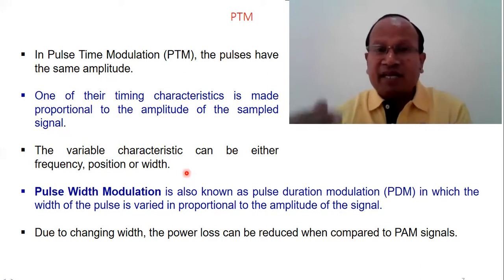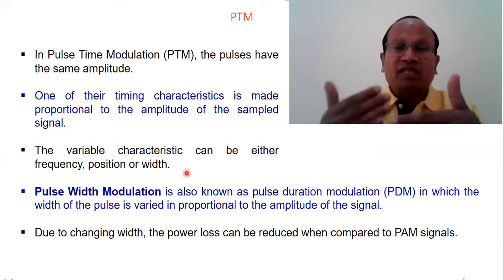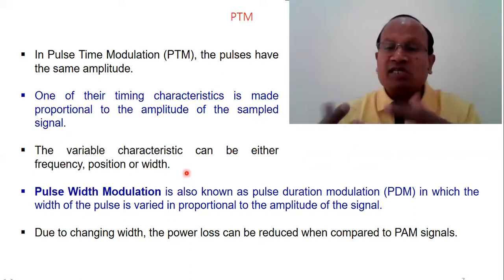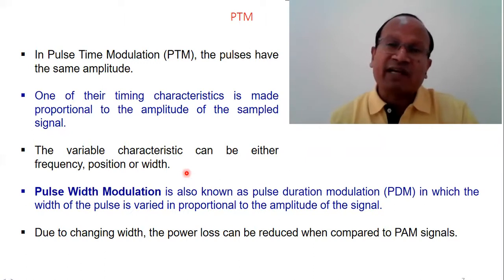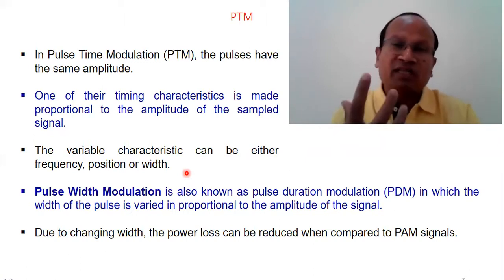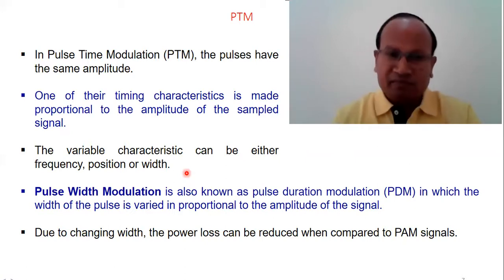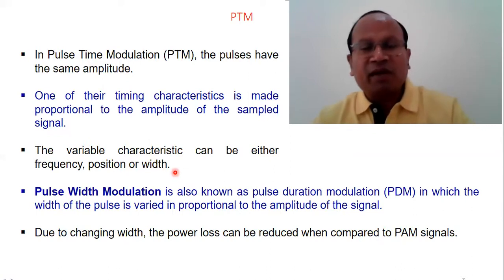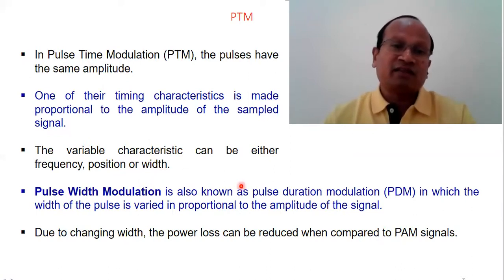Similarly, the repetition will change. Definitely when the pulse width is changing, pulse timing is changing, so repetition is changing. So pulse frequency is also affected. So pulse frequency, pulse position, pulse width are all the methods under PTM. The variable characteristic therefore includes frequency, position, or width.